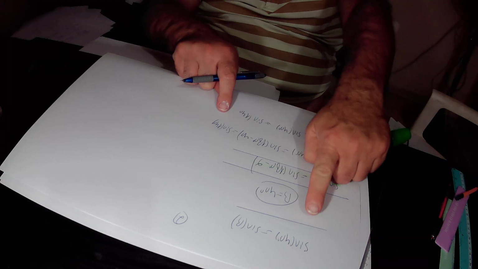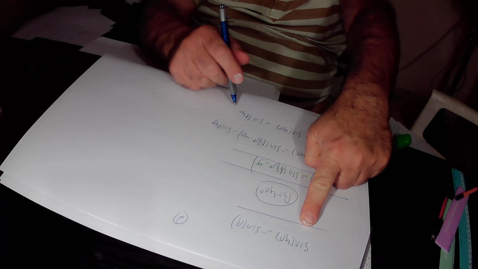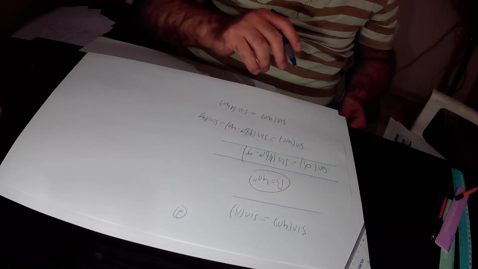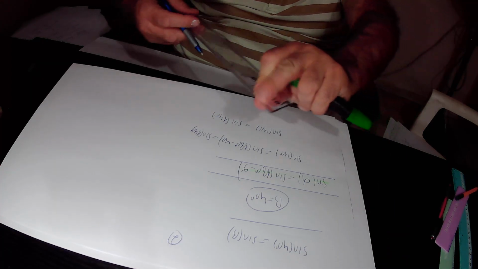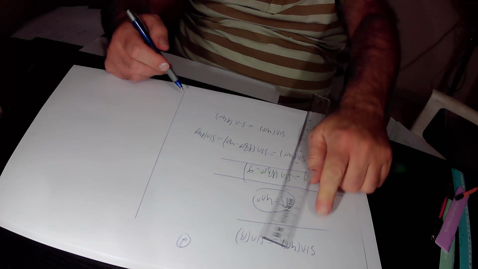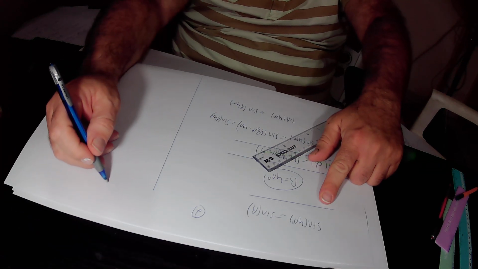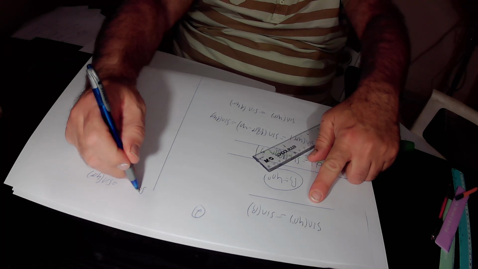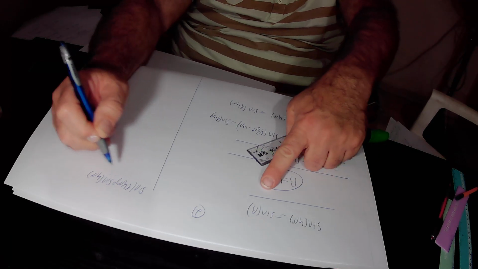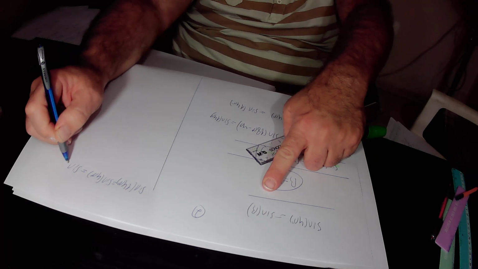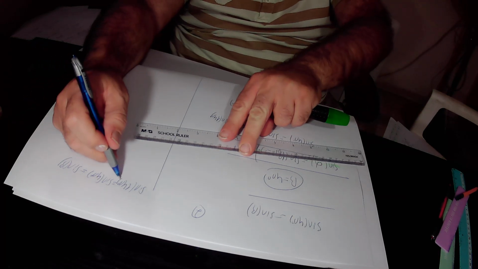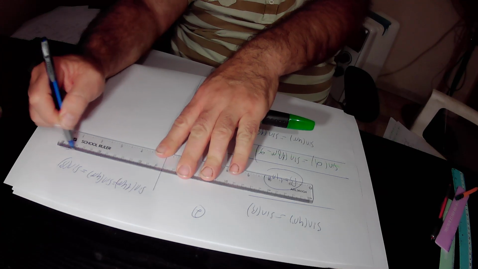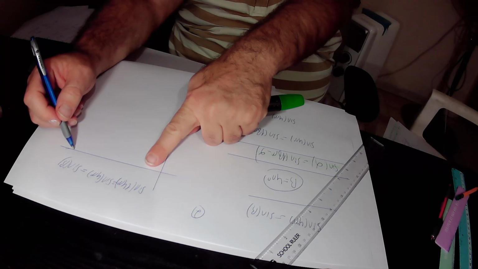So we can add here that sine 40 degrees equals sine 140 degrees, according to what we already found out here. So sine 40 degrees equals sine 140 degrees, and it equals sine beta.